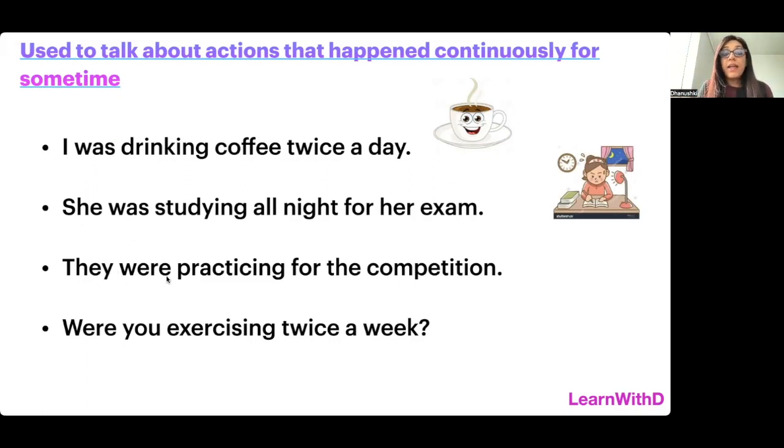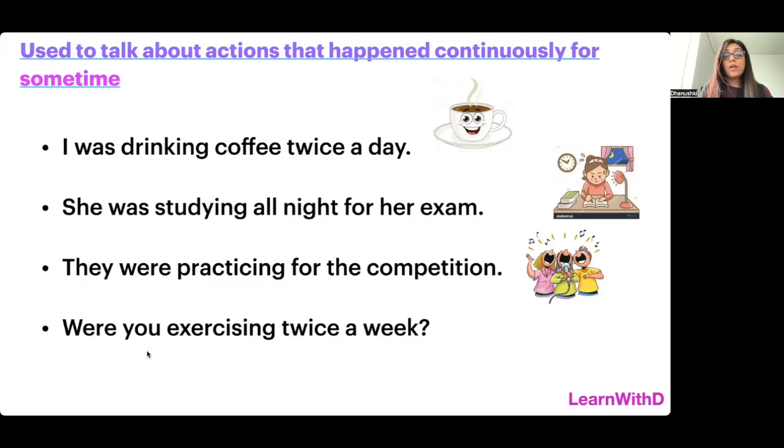Then, they were practicing for the competition. So again, this is an action that has happened a few times in the past, right? It didn't happen once. It happened a few times, okay?